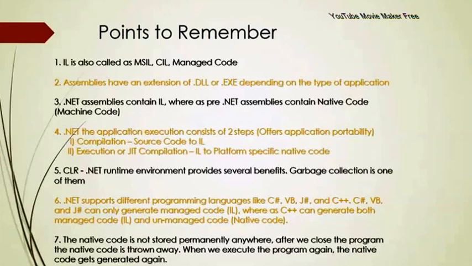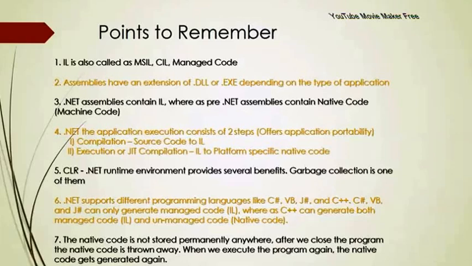Next point to remember is CLR. The .NET runtime environment provides several benefits. Garbage collection is one of them, as we discussed earlier. .NET supports different programming languages like C#, VB, J#, and C++.